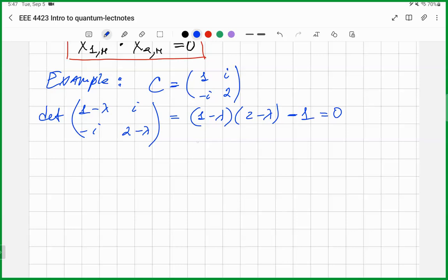All right, so let's expand the parentheses. 1 times 2 is 2. 1 times minus lambda, then minus 2 lambda, and then plus lambda squared, and minus 1 equal to 0. It's equal to lambda squared, then minus 3 lambda, then plus 1 equal to 0.